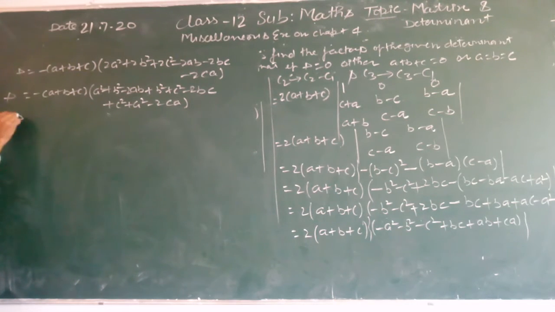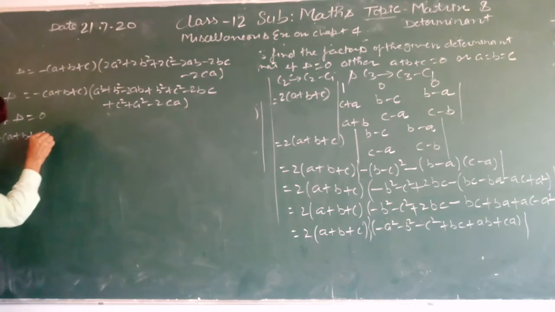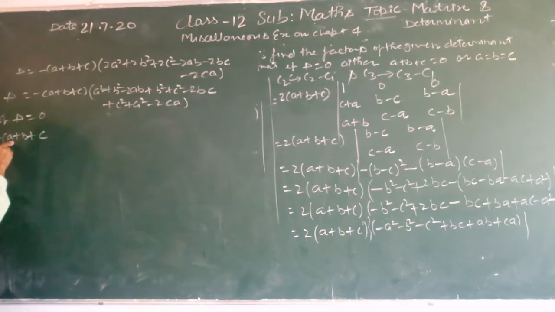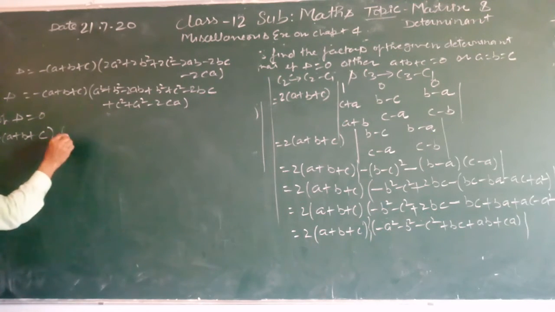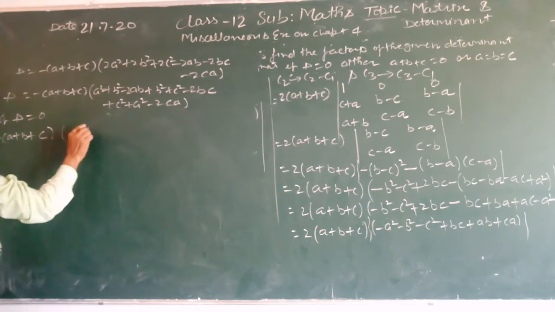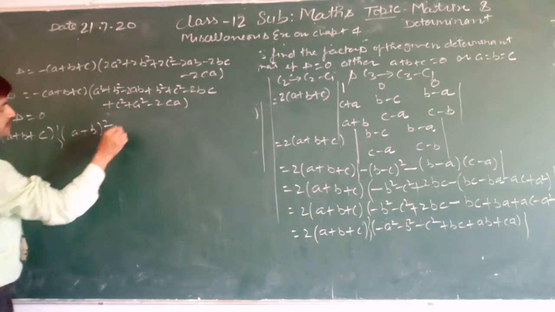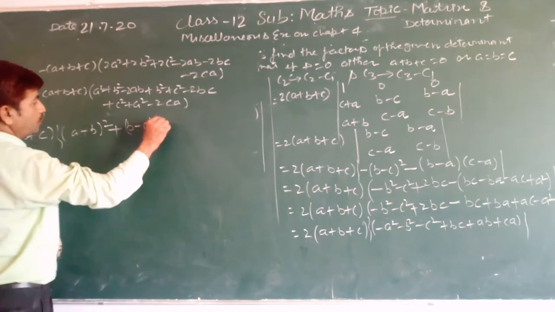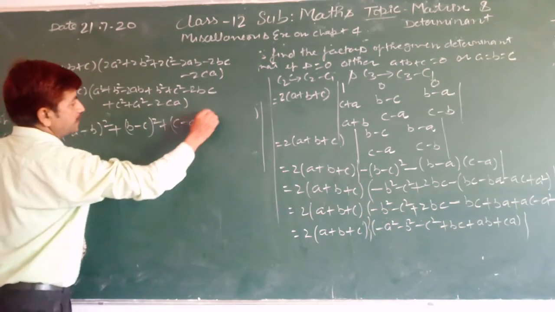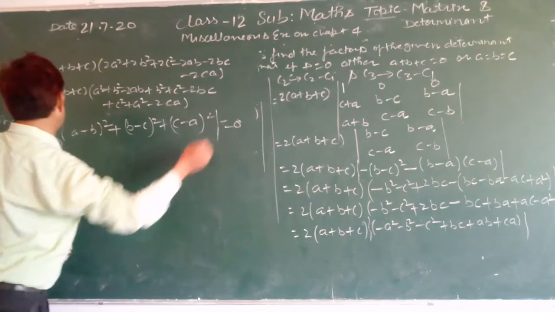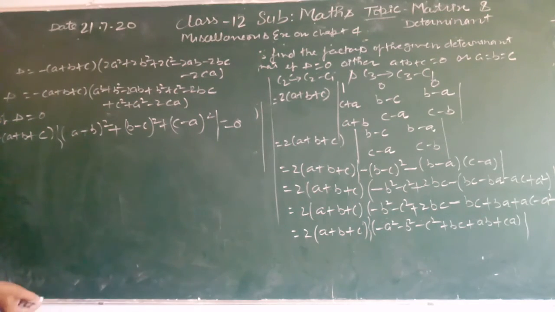If the determinant is equal to 0, it means minus A plus B plus C times A minus B whole square plus B minus C whole square plus C minus A whole square equals 0. This expression has two factors whose product is 0.